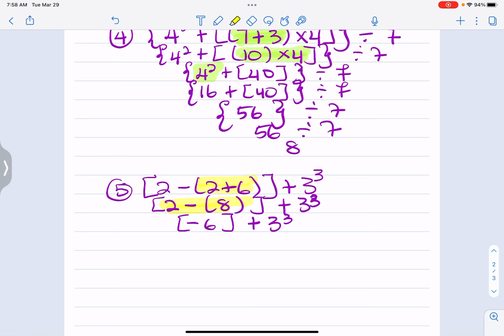Now I solve my E, which is exponents. 3 cubed means 3 times 3 times 3. 3 times 3 is 9. 9 times 3 is 27. So now I can remove my groupings, negative 6 plus 27. Again, if you need to go back and watch the video on adding integers, negative 6 plus 27 is 21.